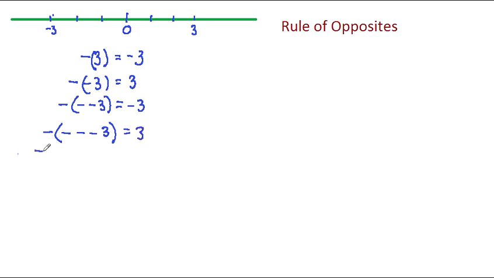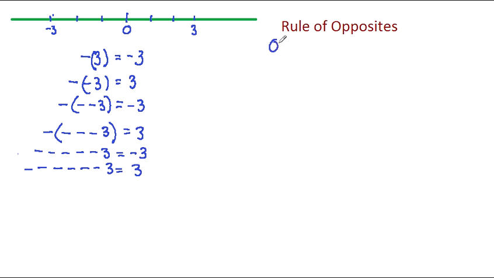And if we put another negative there, having 5 negatives out in front of 3, we're back to negative 3. And a sixth one, 6 negatives in front of 3, and we're back to 3 again. And so we come up with a rule that 1 negative, 3 negatives, 5 negatives in front of a number make it negative.